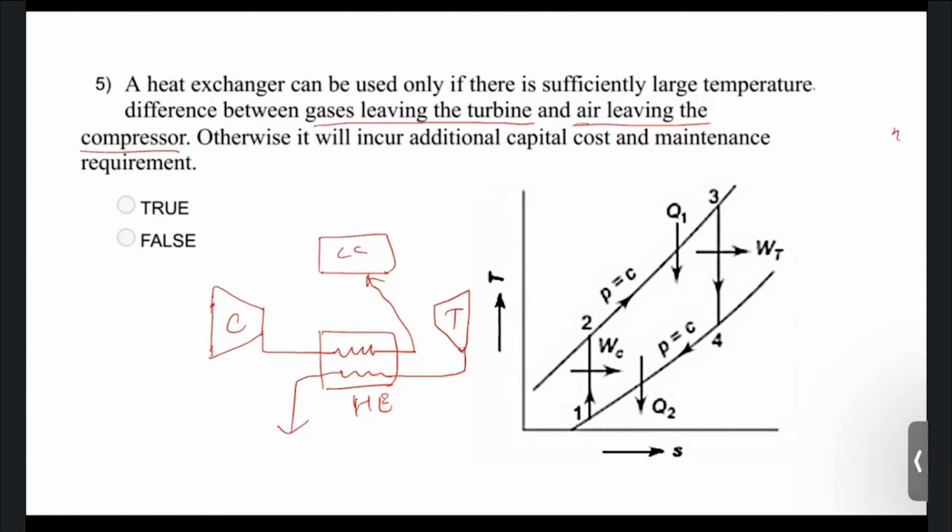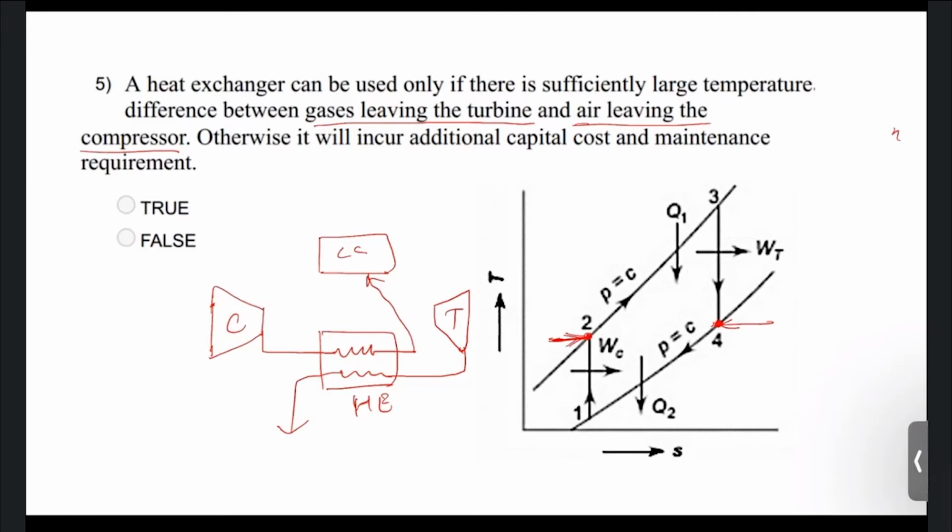Now, the temperature of gases leaving the turbine is the temperature at point 4 here, and the air leaving the compressor has a temperature at point 2.